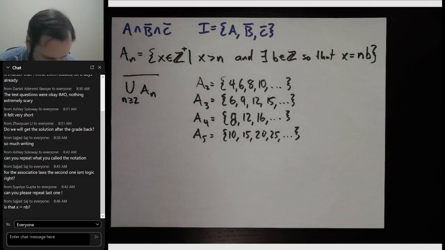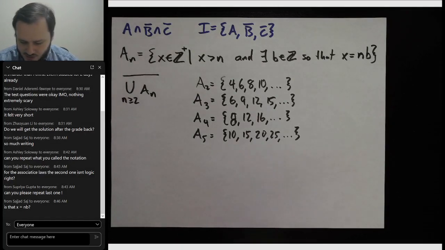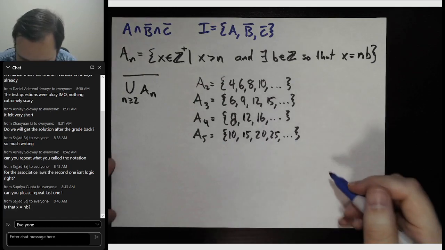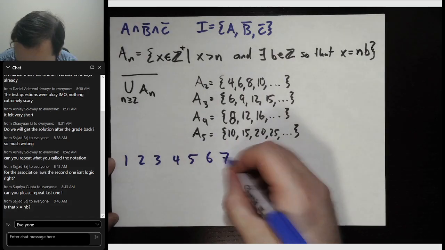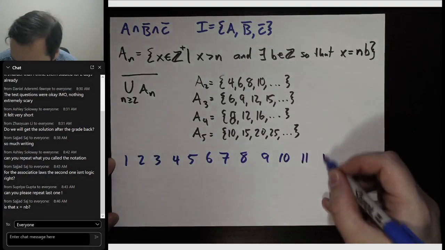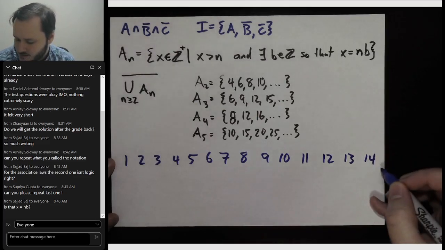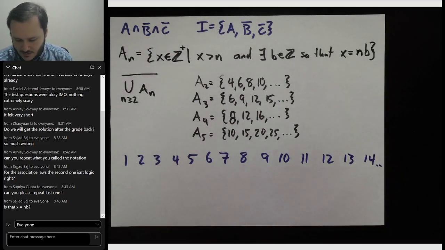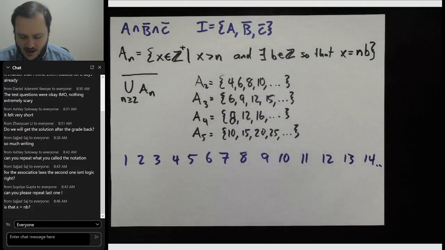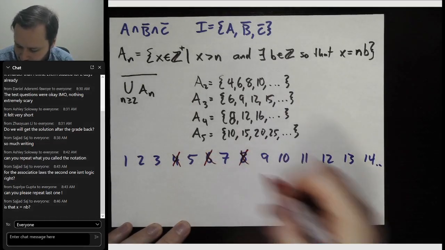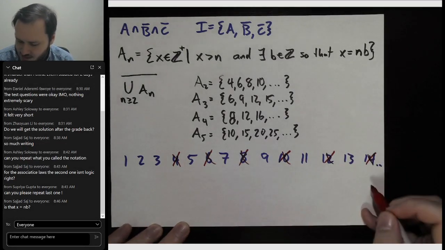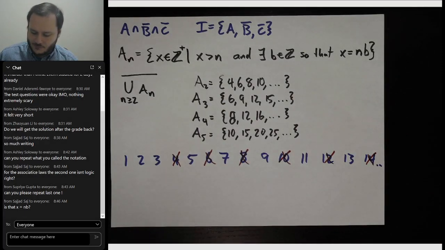Well, let's see what we get. I'm starting with all of the positive integers, and so on. I'm taking the complement of a union, which means I'm saying I'm not in any of these sets. So from A2, I get rid of 4, 6, 8, 10, 12, 14, and so on.